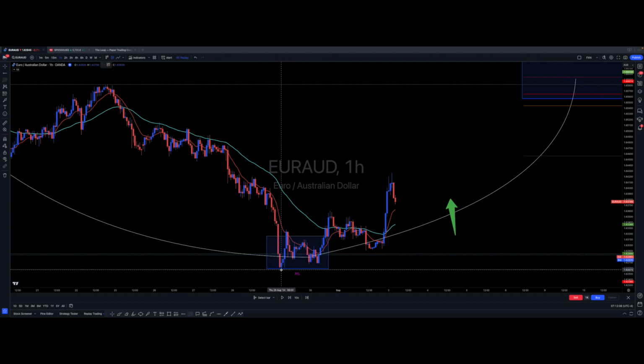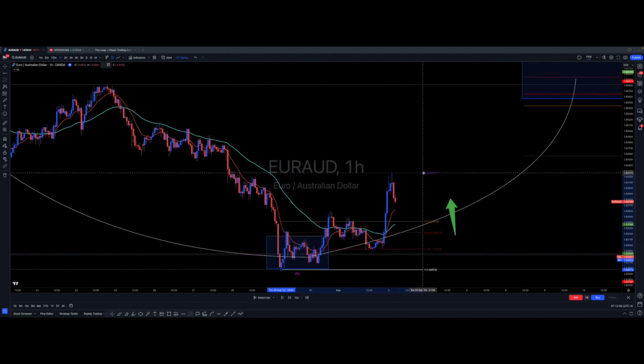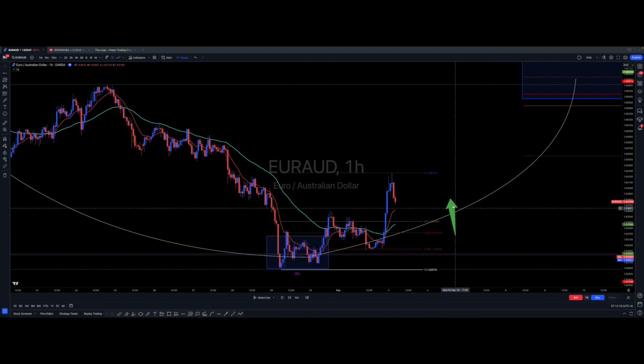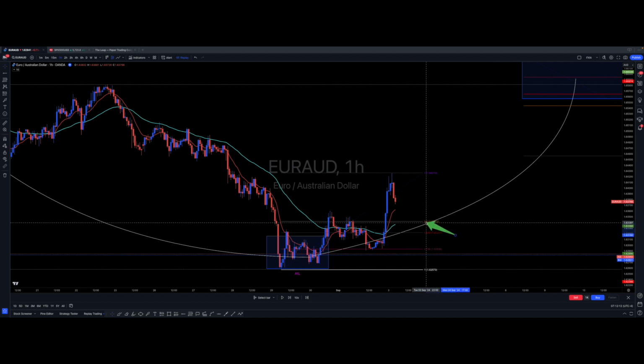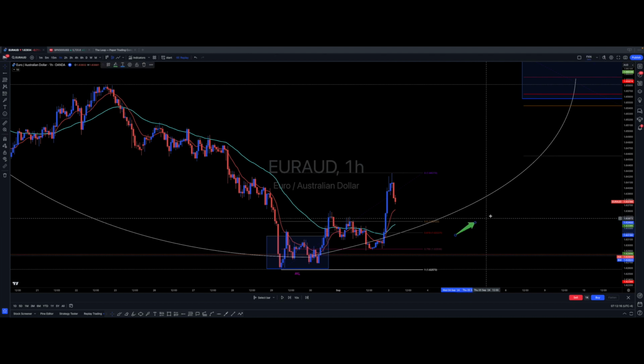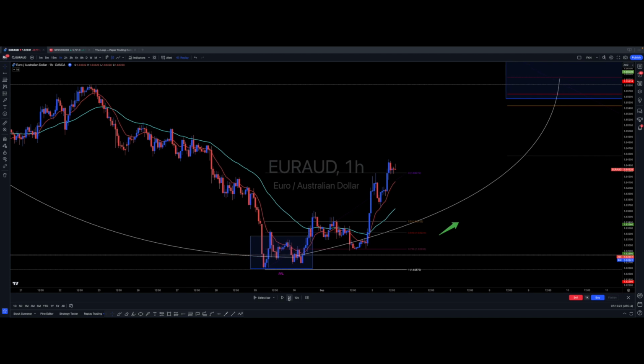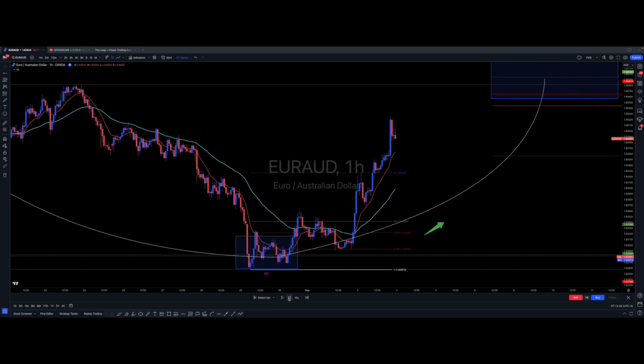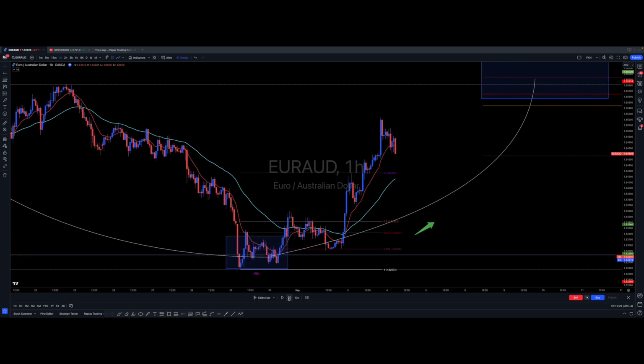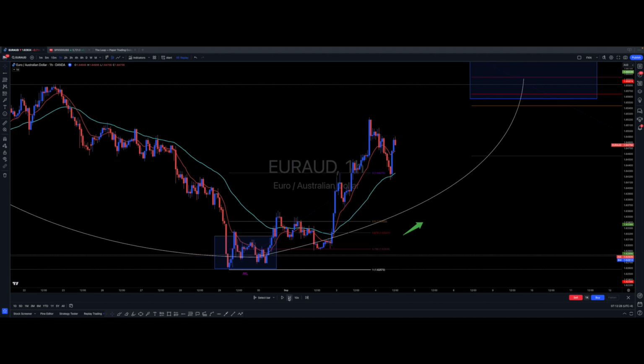Okay, let's just say you put in your fib like this. Okay, and here are your 2 entries, the 50 and the 618. That's it, right? Now the next question is, does price actually go to them? No, it doesn't. Okay, so this would be a trade that you would not take.